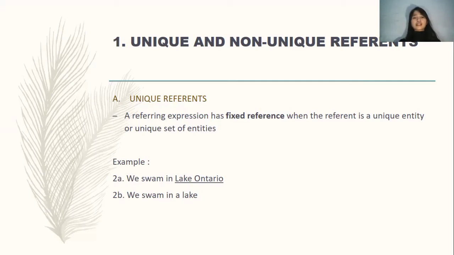For example, we swam in Lake Ontario. In this sentence, it's clear that they swam in Lake Ontario, not Lake Toba.